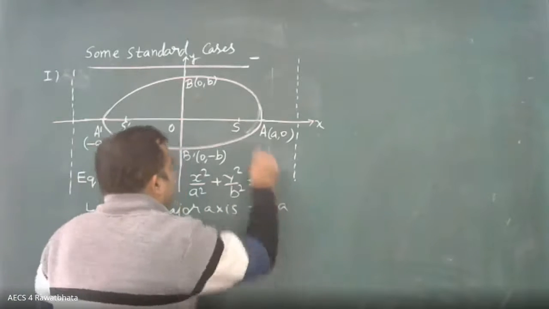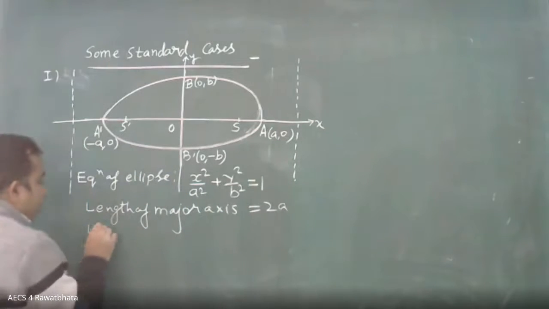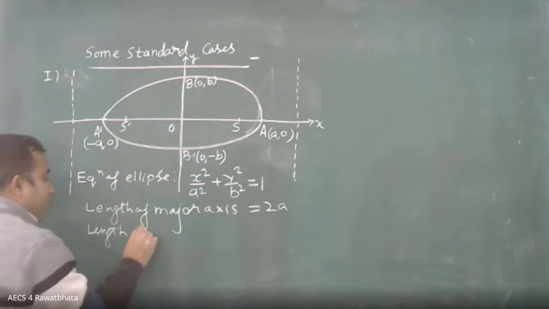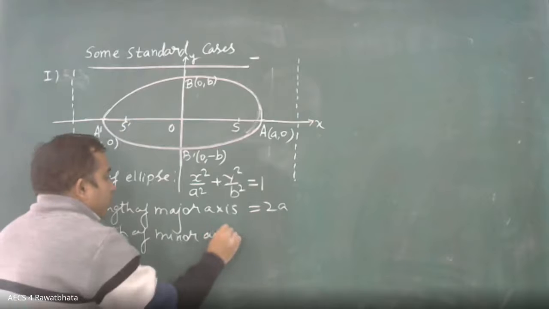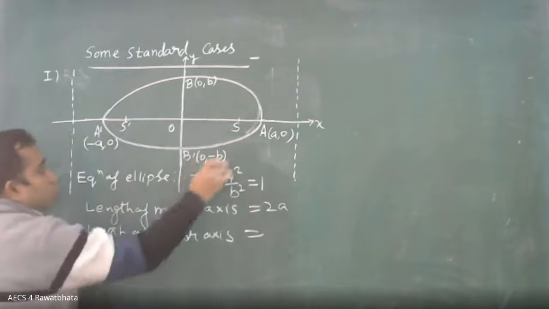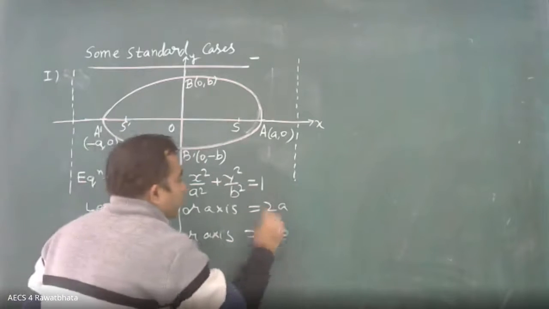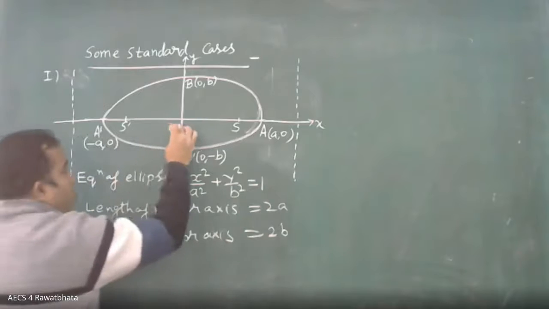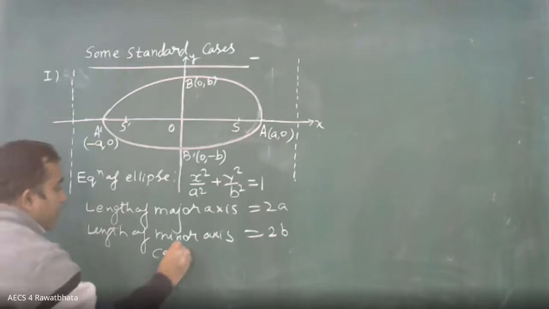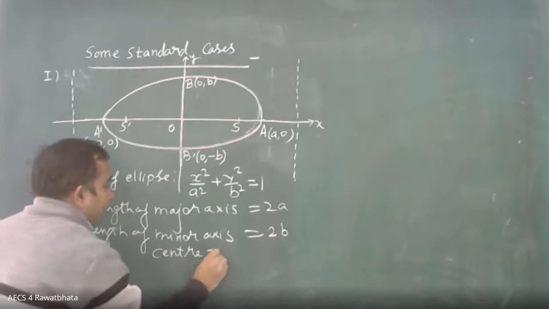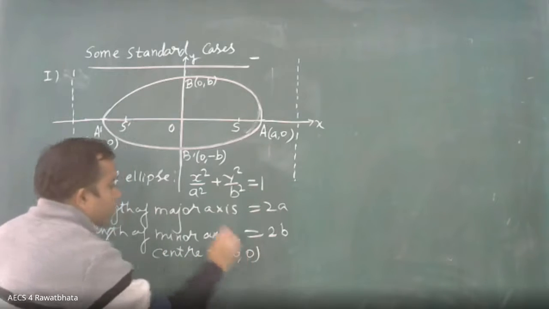We call it the major axis because it is bigger. And the length of the minor axis, similarly, because this is 0 comma b and this is 0 comma minus b, will become 2b. This O is the center. So we have one more term here, which was not there in parabola. Center coordinates are 0 comma 0.